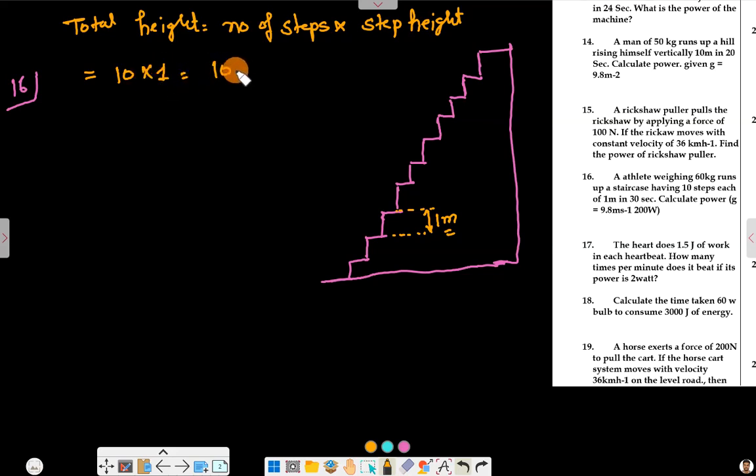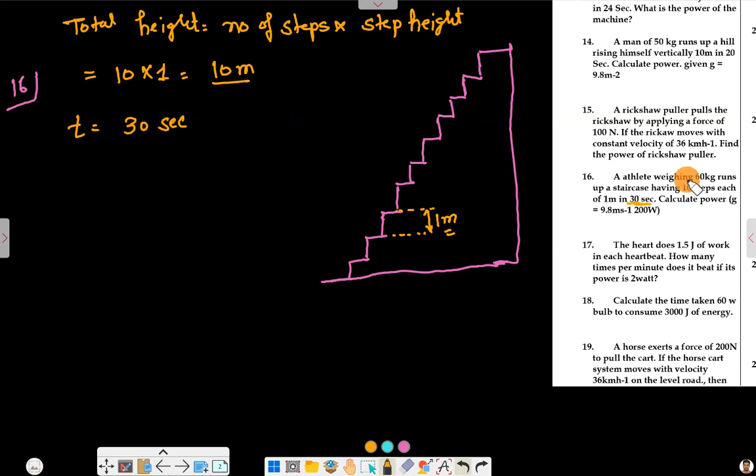So total height is 10 meter. Okay. Now it is mentioned that it took him 30 seconds. So total time he took 30 seconds. Calculate the power.